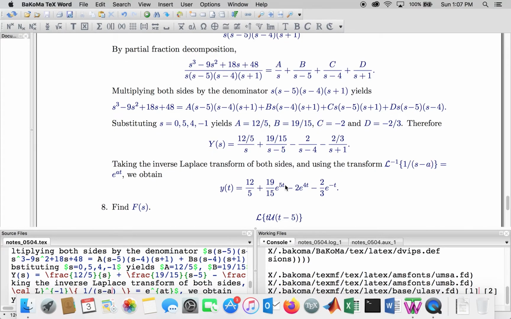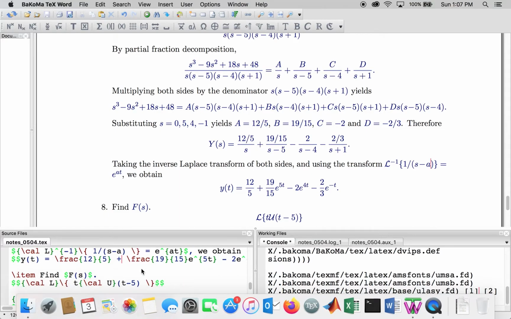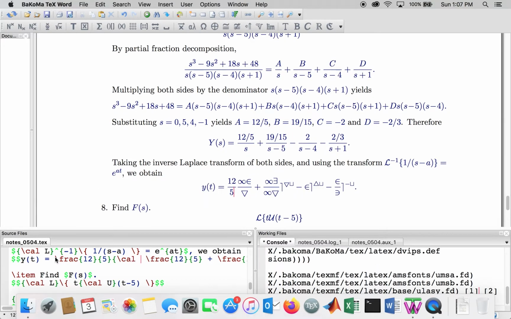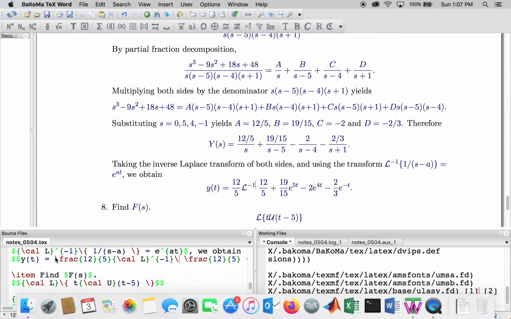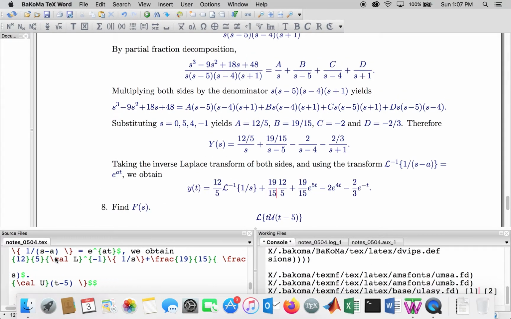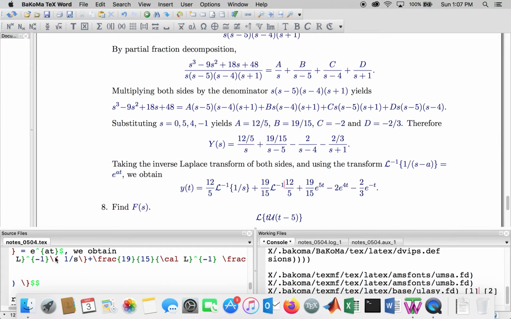All right, so for the sake of clarity, I was going to fill in what was actually being inverse transformed here. I will repost this afterwards. Okay.